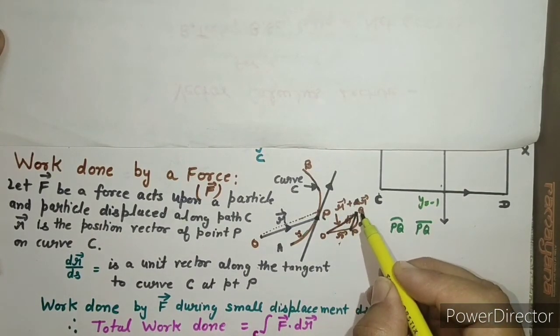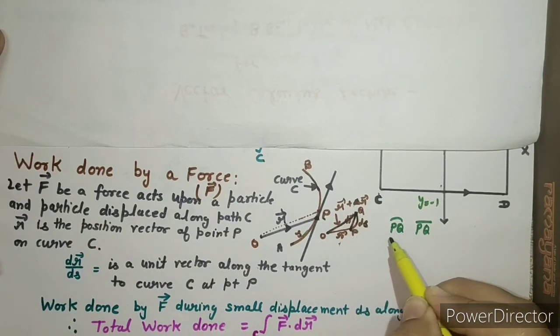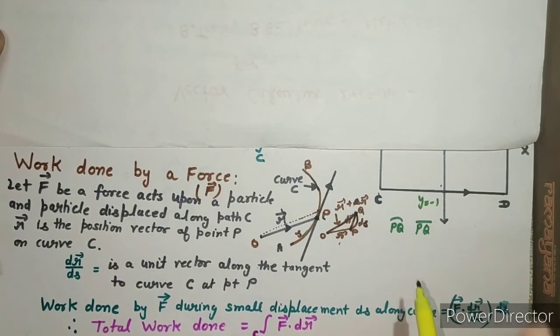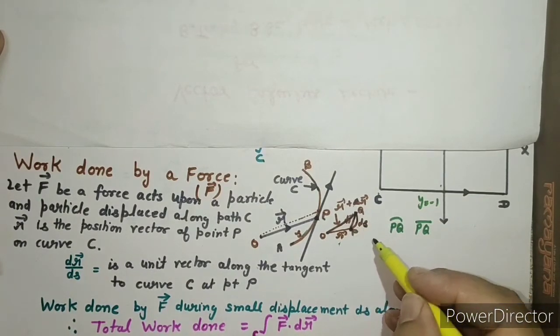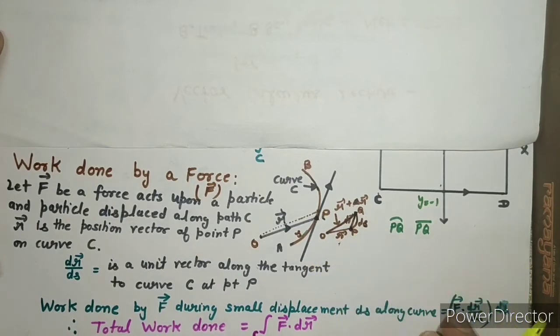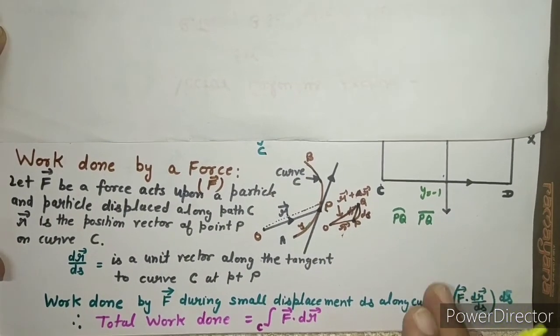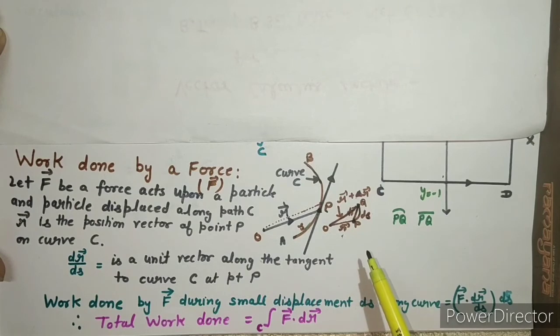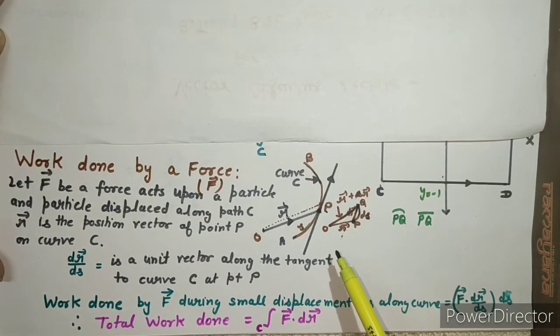When you take the derivative, as Q tends to P, dr by d of S, this is unit 1. So at point P this becomes a tangent. Okay, so we need to explain this thing a little. So dr by dS is the unit tangent at point P.